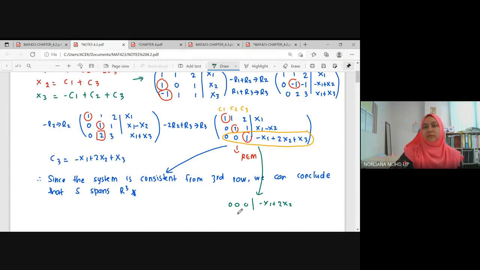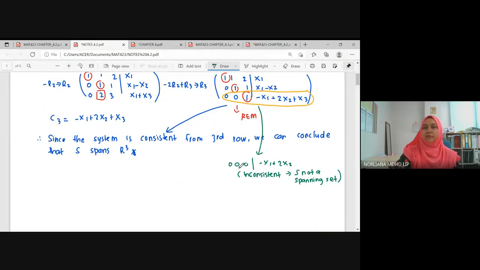So ni inconsistent. So the S not a spanning set. Kalau dapat ni inconsistent ataupun no solution lah kan, no solution. Biasanya kalau awak dapat no solution.